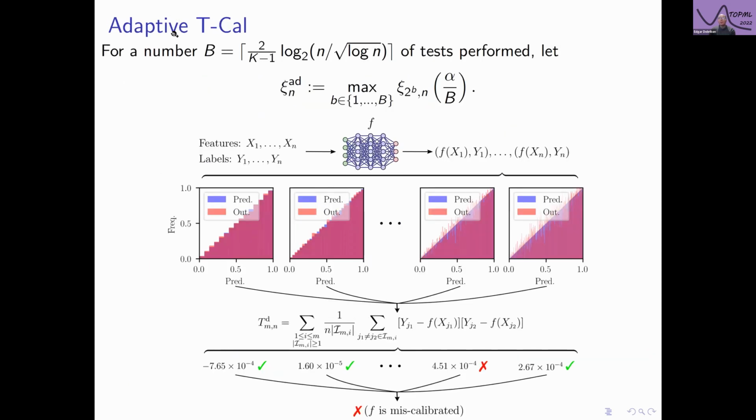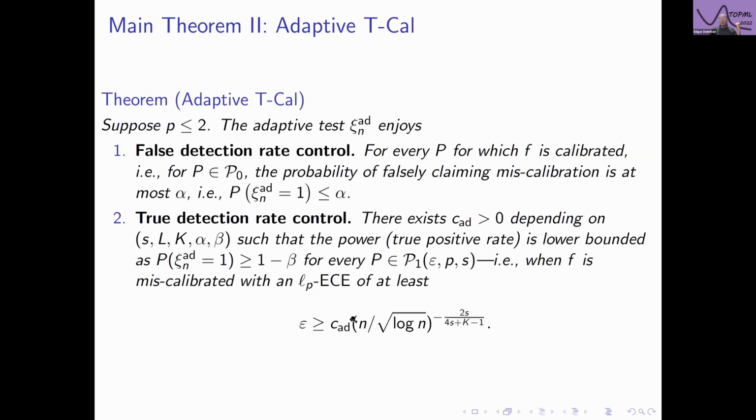In this version, which is the adaptive version, we do not need to know it because we look at multiple scales. We test the null hypothesis at each of the different scales, and if at least one of them is rejected, we reject. But you see that there is a trade-off in the sense that the signal strength that we can detect is somehow larger than without this adaptivity.